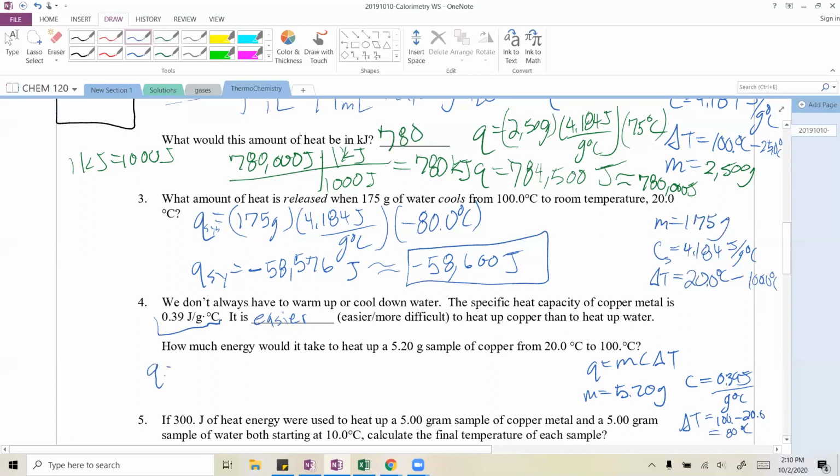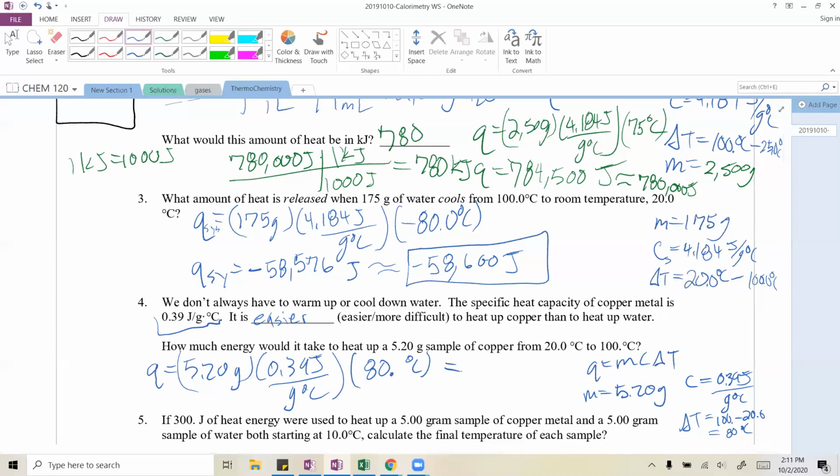So plugging that in, we get our Q is going to be 5.20 grams, 0.39 joules per gram degrees Celsius, and our delta T is 80 degrees Celsius. So 5.2 times 0.39 times 80, and we get 162.24 joules, or 160 joules once we look at our significant figures. So significantly easier for us to do the heating of that copper compared to that of water.